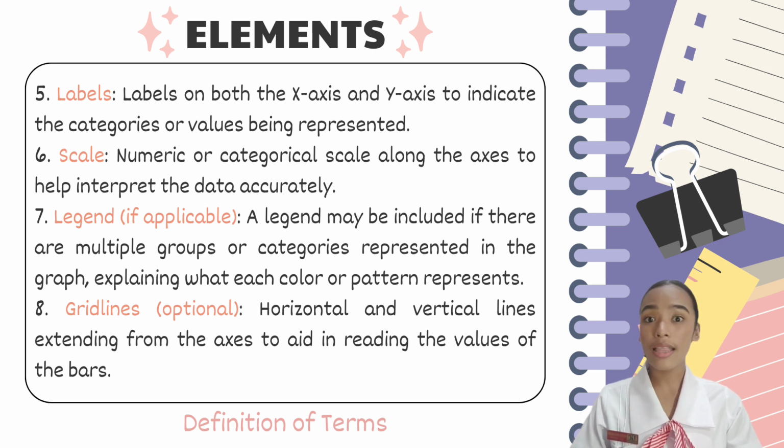Number 7, the legend, if applicable. A legend may be included if there are multiple groups or categories being represented in the graph, explaining what each color or pattern represents. Lastly are your grid lines. This is optional. Horizontal and vertical lines extending from the axis to aid in reading the values of the bars.